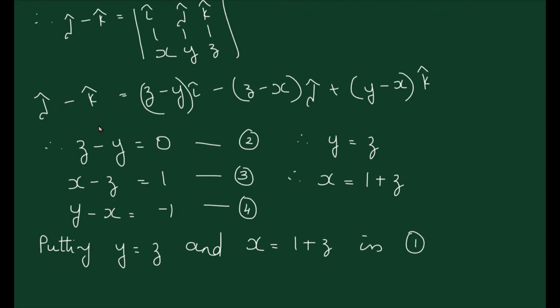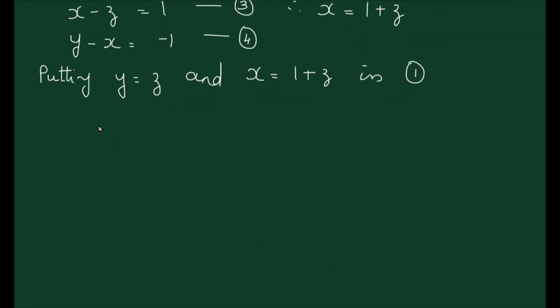What was equation 1? Equation 1 was X plus Y plus Z is equal to 3. So instead of X we put 1 plus Z, instead of Y we put Z, and plus Z is equal to 3. Therefore we have 3Z is equal to 2, and therefore Z turns out to be 2 upon 3.